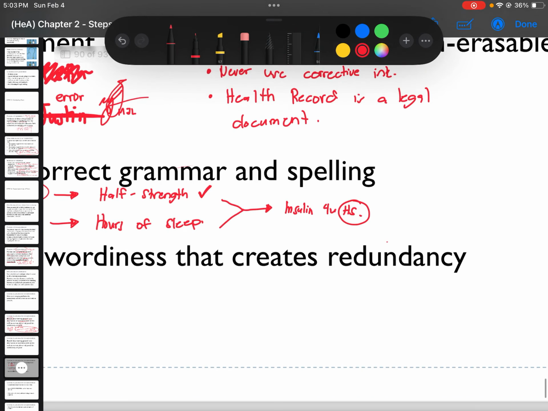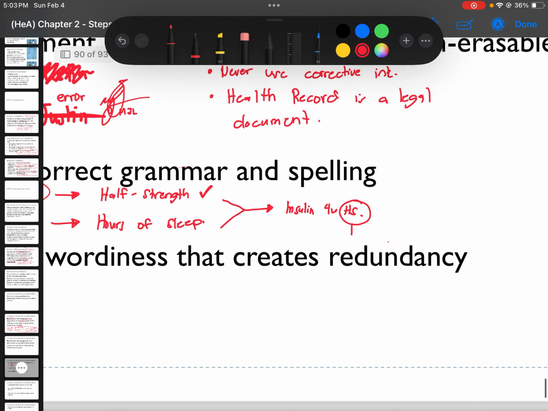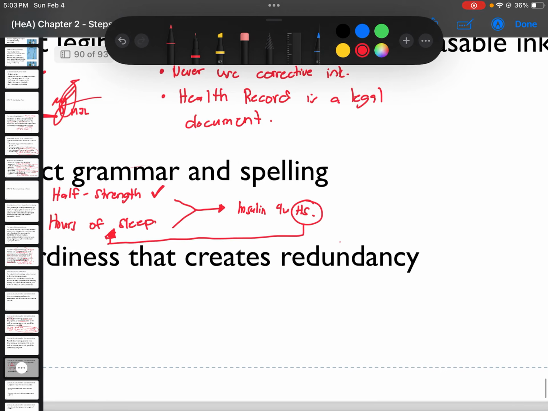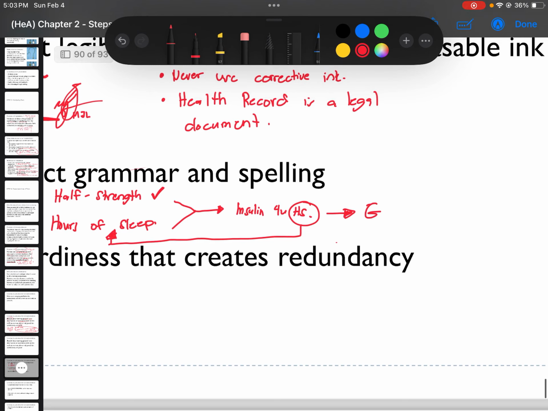But let's say you did not understand, and instead you understood HS as hours of sleep. So the tendency is you gave it during hours of sleep, even though it was supposed to be half strength.